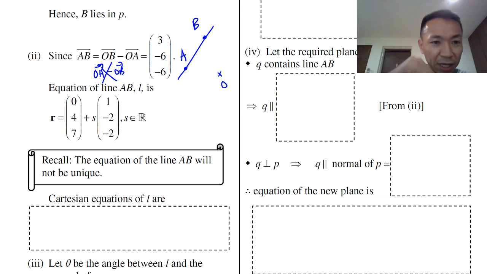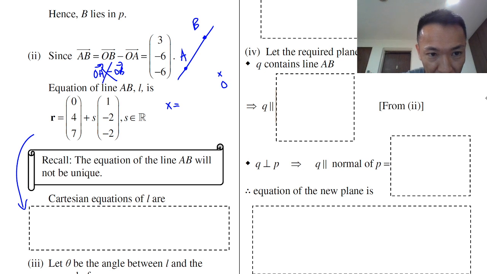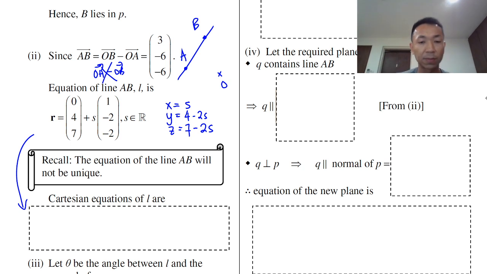All right. Actually, there is one missing step. Usually I tell my students there is one missing step when you convert this to this, right? I would write it like that. Since x equals to s, y equals to 4 minus 2s, z equals to 7 minus 2s. So from here, this is what we call the parametric form.